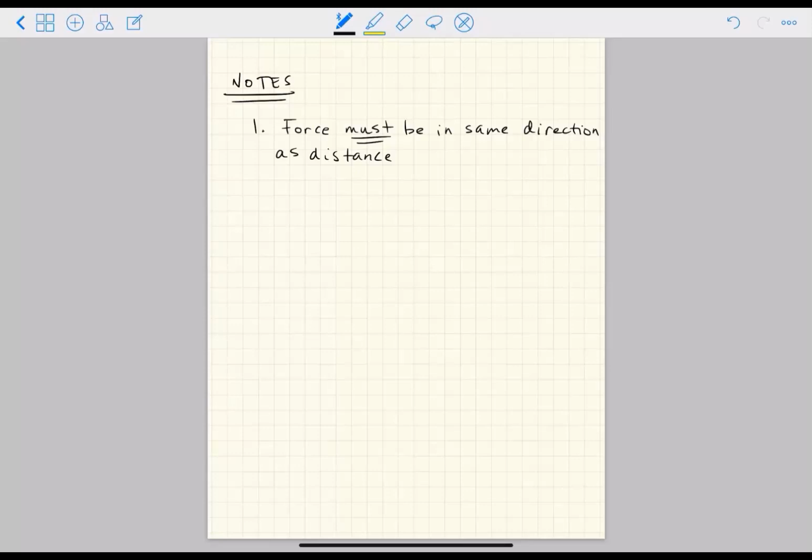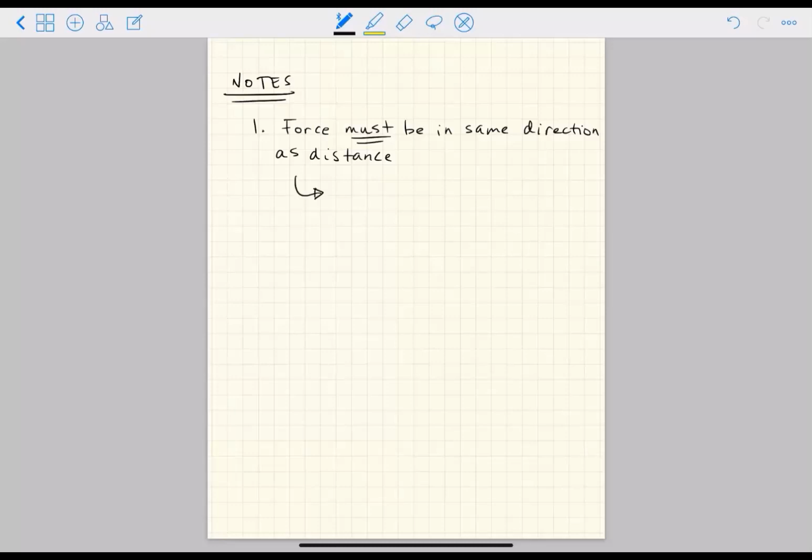to break things up into components, right? And for example, yes, there may be a force acting on this block, but maybe at an angle. Well, then the only force that is being attributed to the work would be the horizontal force, because the block or the box is only moving in the horizontal direction.